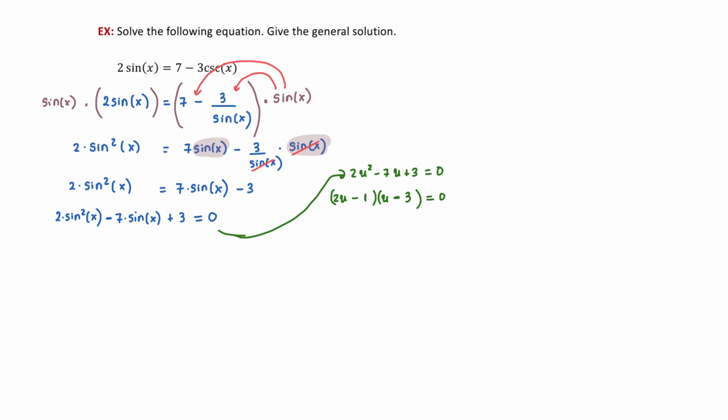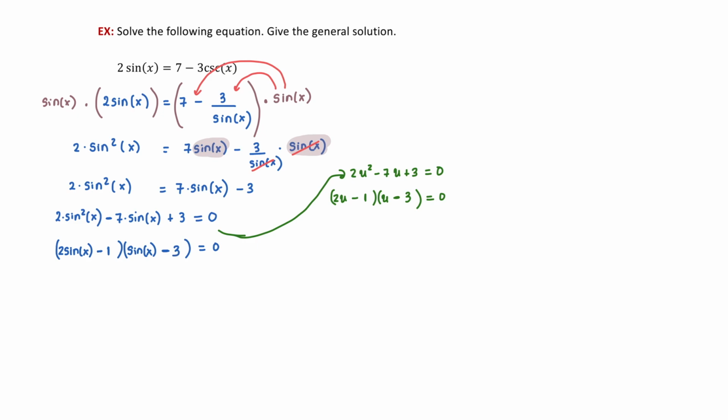That looks good. And now what I'm going to do is come back over here and write down my factors. But now instead of u, I will replace sine x. So sine comes back. So here is the first factor. That means that we're going to have 2 sine x minus 1, and then sine x minus 3.